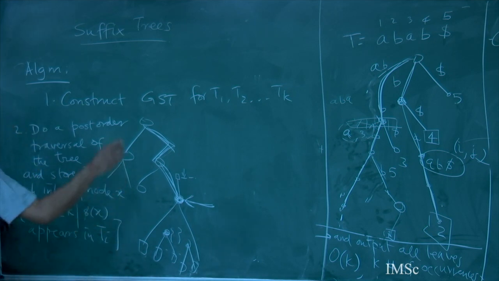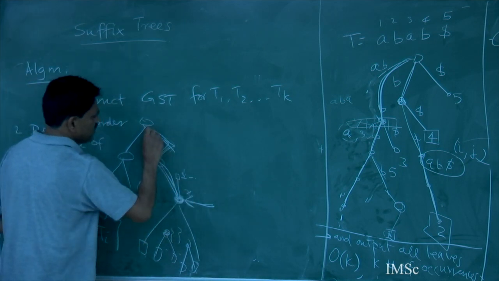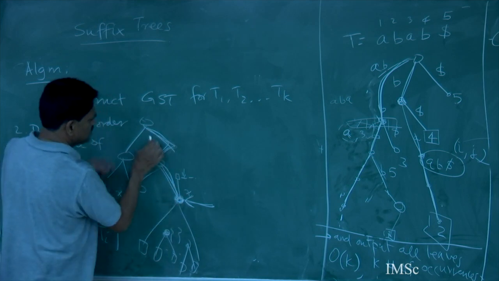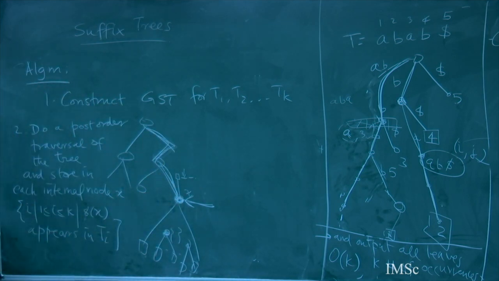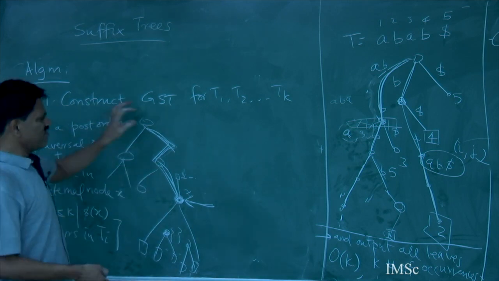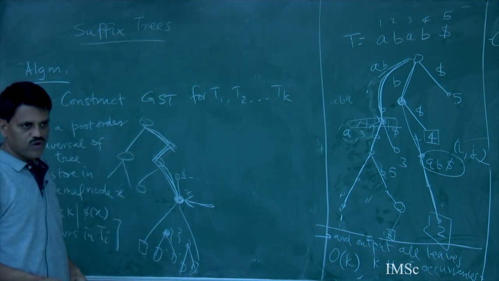By x corresponding to a node, I mean the concatenation of all the labels on the edges on the path from the root to that node. Let me call that the string x. Then, which are all the texts in which my string appears, and I can compute it recursively, or by a table, bottom up, and for every node I spend time proportional to the number of its children. I just take the union and put it here, and now I have this set computed for every node.